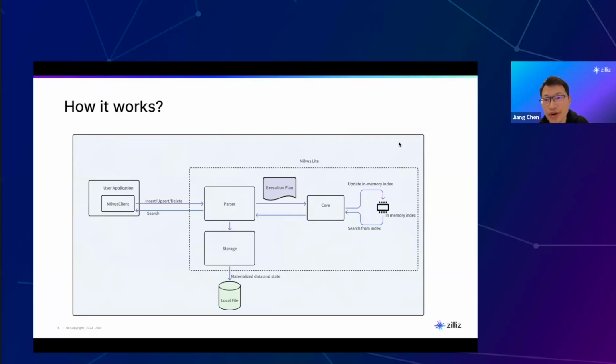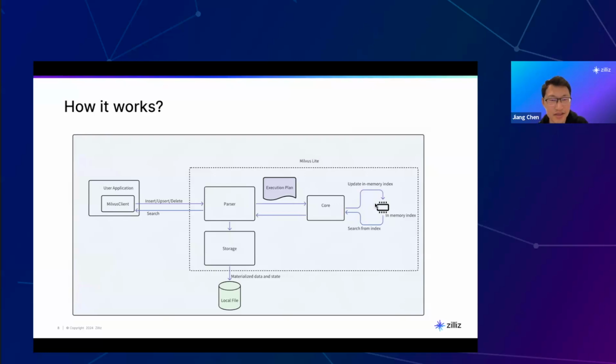So the core will actually talk to the in-memory index, which is the state we keep in memory, and update the index so that the vectors are added or removed. And if it's a search, it will use the index to run whatever search algorithm you specify, like HNSW or IVF, depending on whether you care about that.